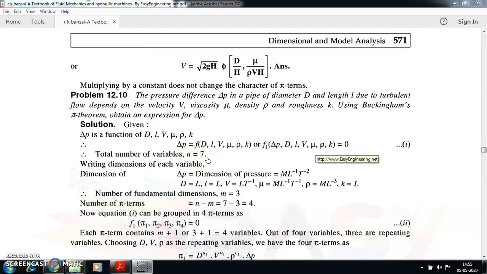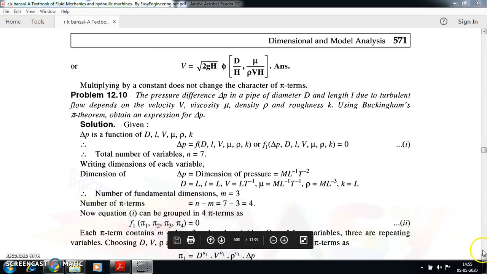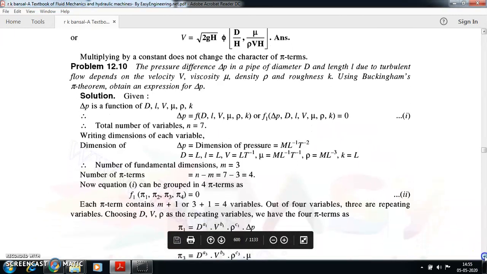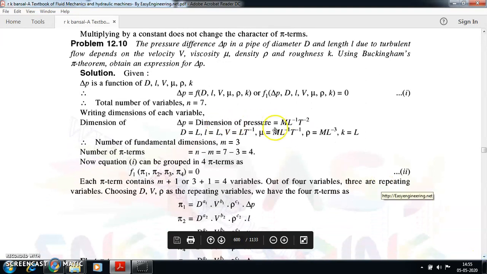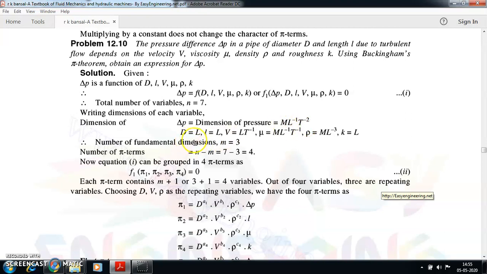Now if you want to put everything in fundamental dimensions: delta P is pressure, M L minus 1 T minus 2; d is L; your length is also L; velocity is L T minus 1; mu is M L minus 1 T minus 1; your density is M L minus 3; and roughness is measured in meters, the Ra value, in nanometers or micrometers.